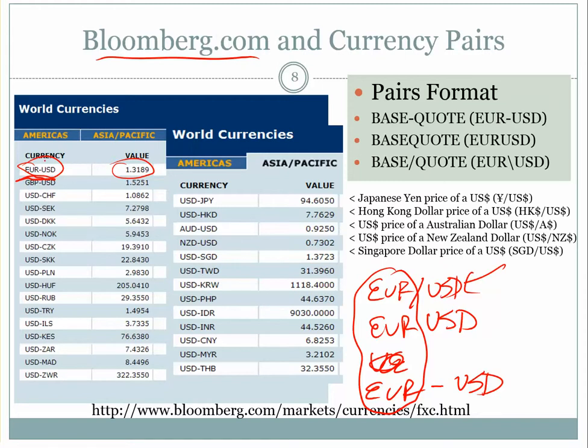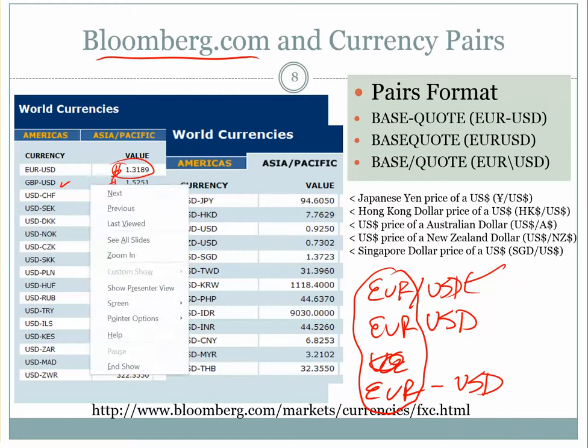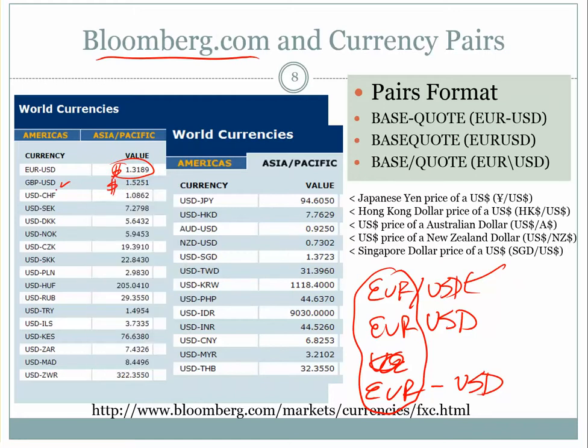So if you see EURUSD, that is the dollar price of the euro. If you see GBPUSD, that is the dollar price of the pound.